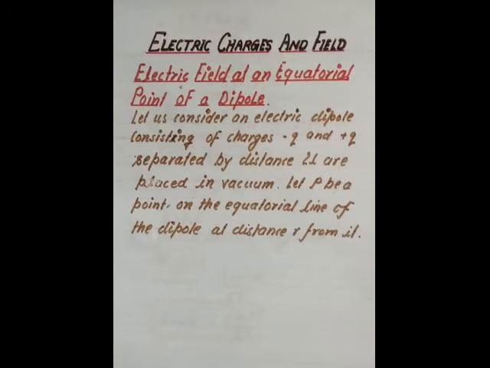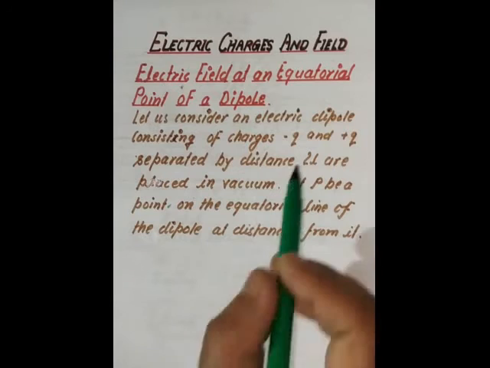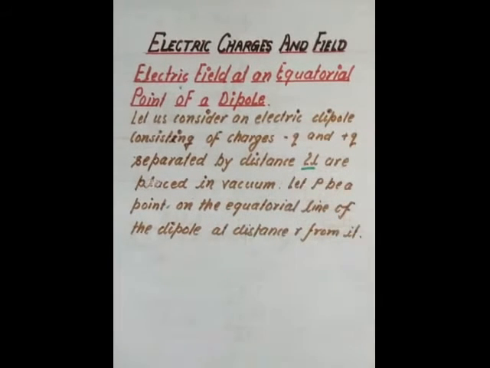Let us consider an electric dipole consisting of two charges, negative Q and positive Q, separated by a distance 2L, placed in vacuum.